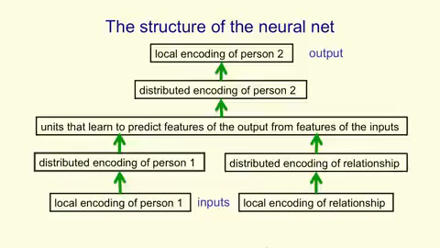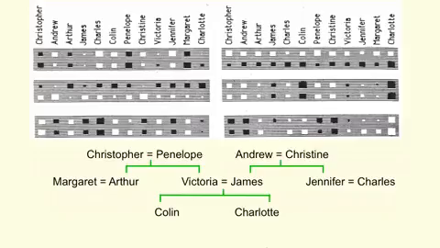So what we're going to do is train it up on 112 of these propositions, and we go through the 112 propositions many times, slowly changing the weights as we go, using backpropagation. And after training, we're going to look at the 6 units in that layer that says distributed encoding of person 1 to see what they're doing. So here are those 6 units as the big grey blocks.